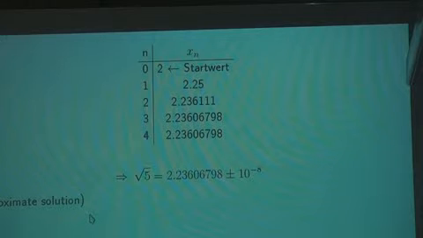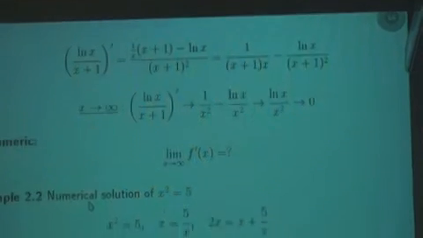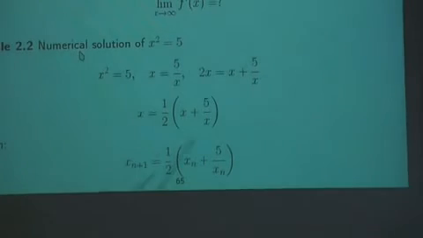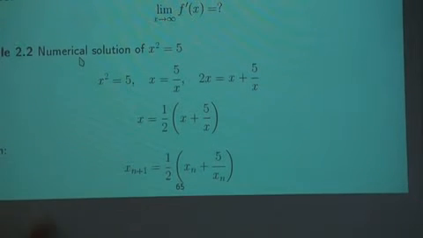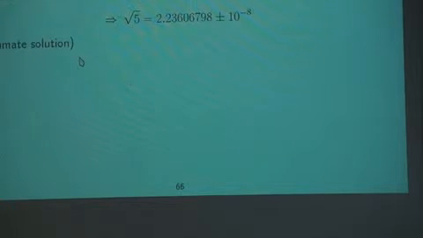So this function seems to have the property that no matter what you put in as an x, if you iterate this, it seems to converge to the square root of 5. Huh? This is numerical computation.